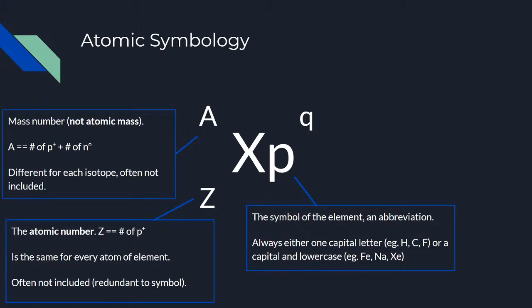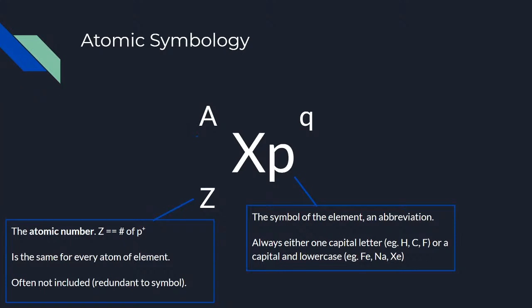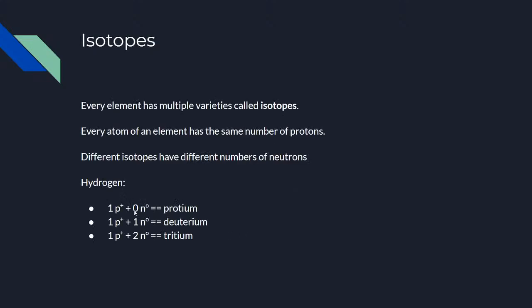So every isotope is going to have a different mass number. So protium would have a mass number of 1. 1 plus 0 is 1. Deuterium would have a mass number of 2. 1 plus 1 is 2. Tritium has a mass number of 3.